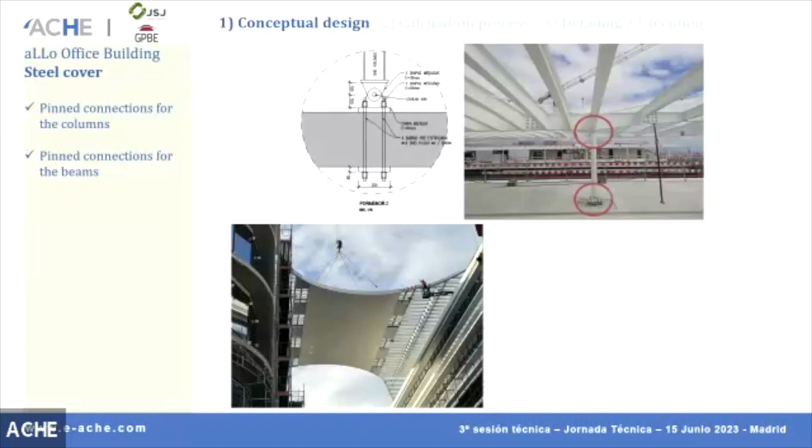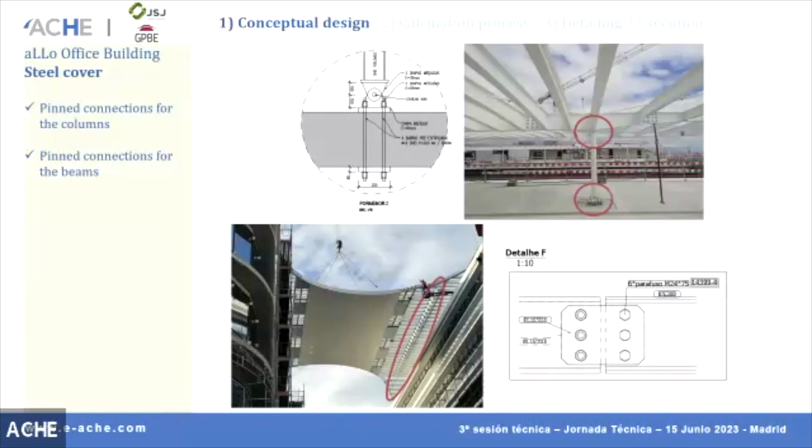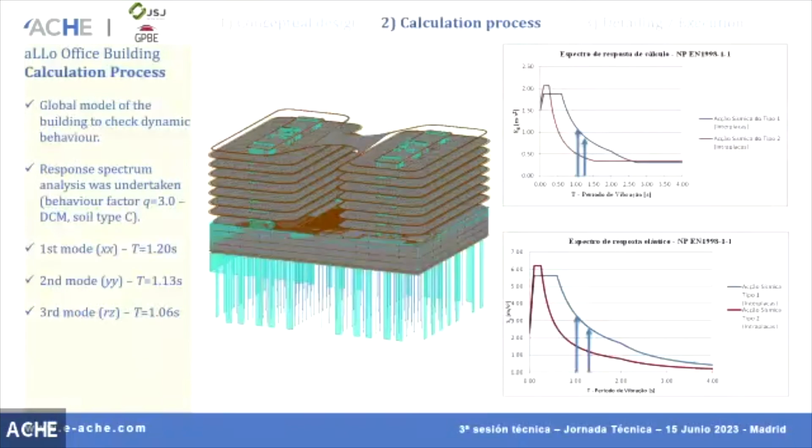We need to pin the connection for the columns and also all the beams. This was during the assembly, they were placing the last part of the roof, and all these connections had these pin connections, okay? So this was regarding the conceptual design, how we thought to solve the constraints that we had in this case.